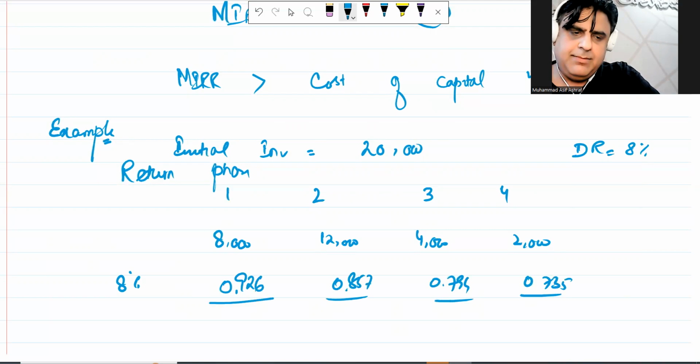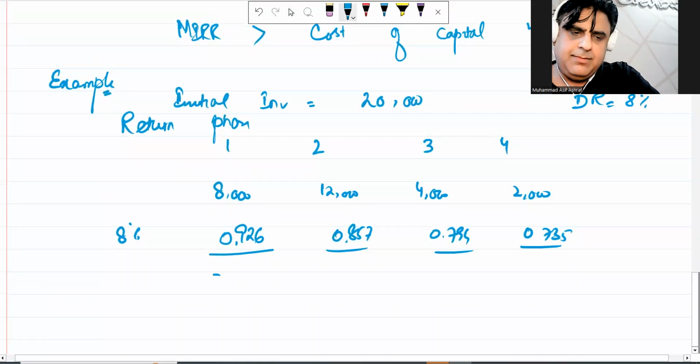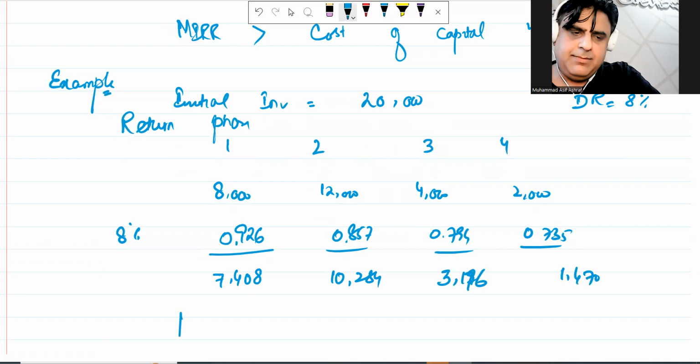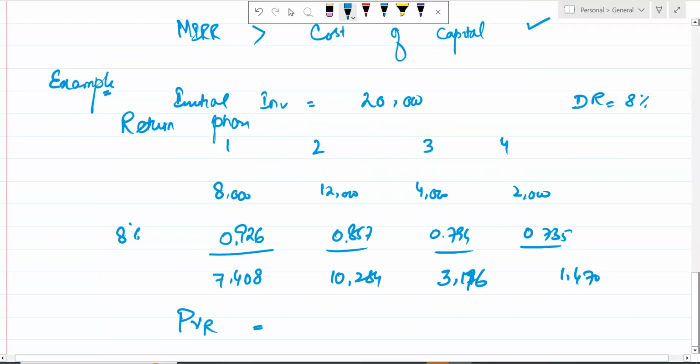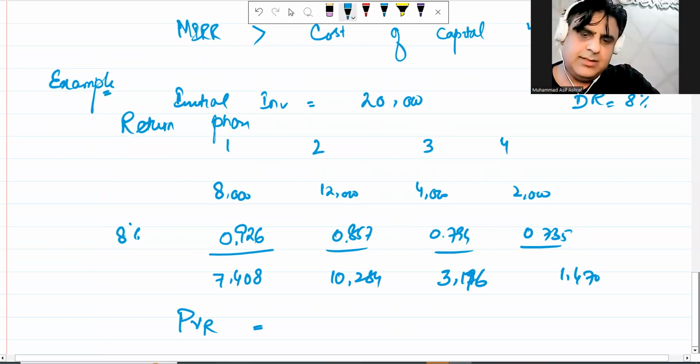So the result would be, if you multiply it, 7,408, 10,284, 3,176 and 1,470. So the present value of the return phase is 22,338.